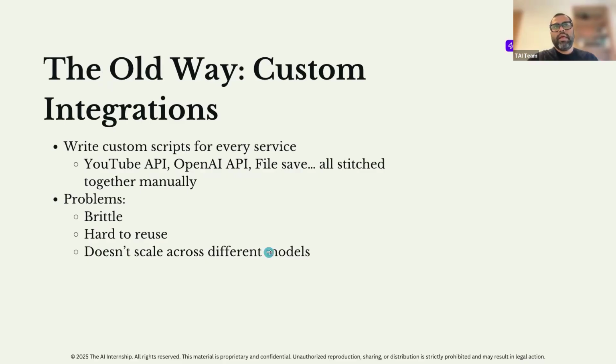This is how you normally do that. You integrate with YouTube APIs, OpenAI APIs, and create these extensions to the LLM tool. But the issue with that is it's relatively brittle and very hard to reuse. If you want to add a new feature, you need to get a developer to quickly write something and test it. It's relatively hard.